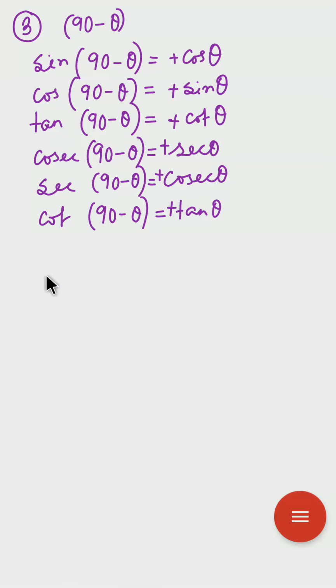Now let's move on to finding the trigonometric ratios of a different angle. Suppose that is 90 plus theta. So let's find out.